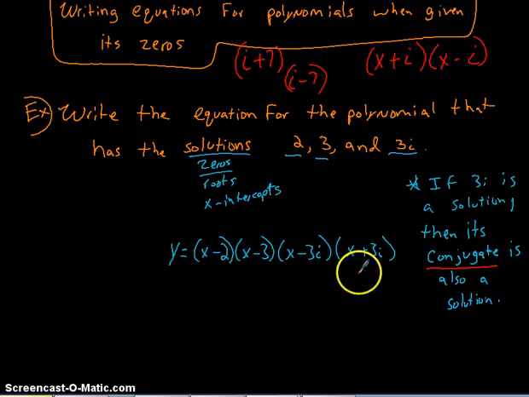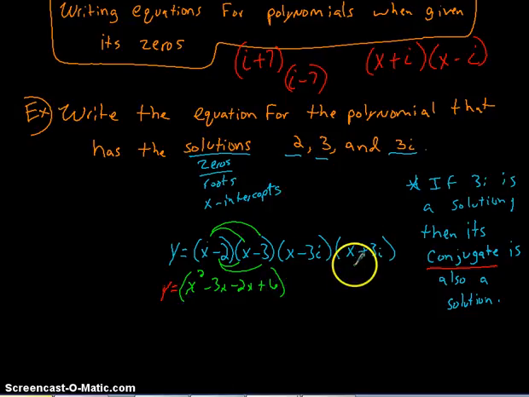Anyway, this would be the equation for it. However, we generally need to multiply this together to come up with the whole polynomial. Since part of this class requires you to know how to not only factor but also multiply polynomials, you can multiply together these first two: x times x and x times 3, so it's x squared, subtract 3x, subtract 2x plus 6. Now multiply together these two.